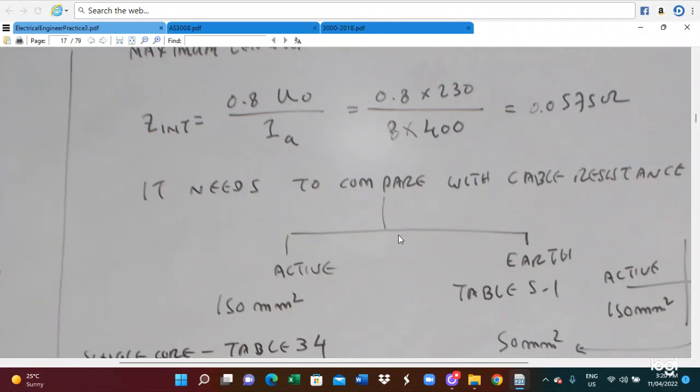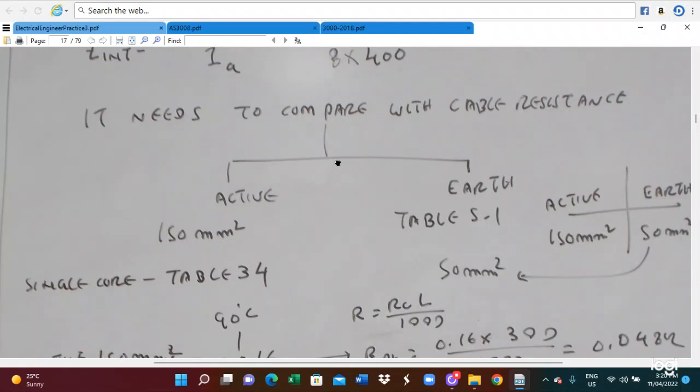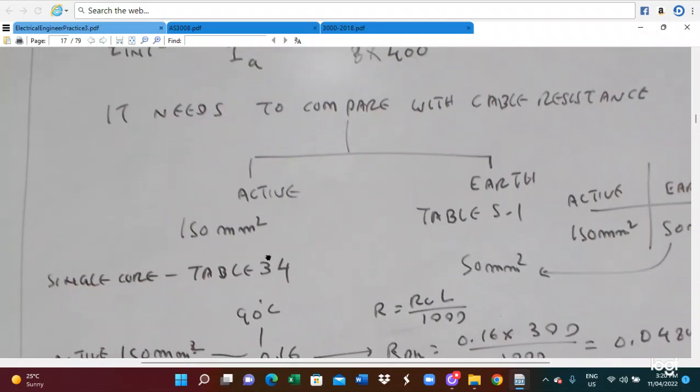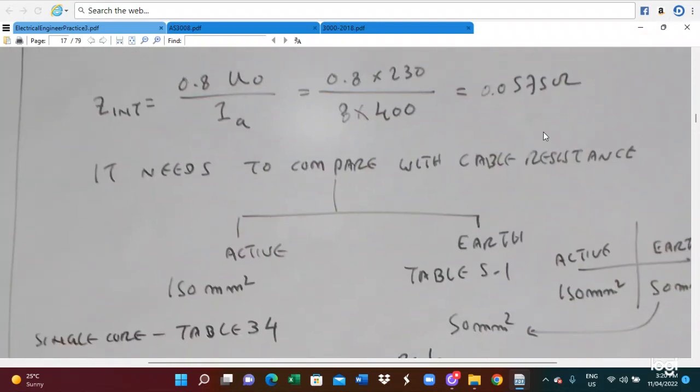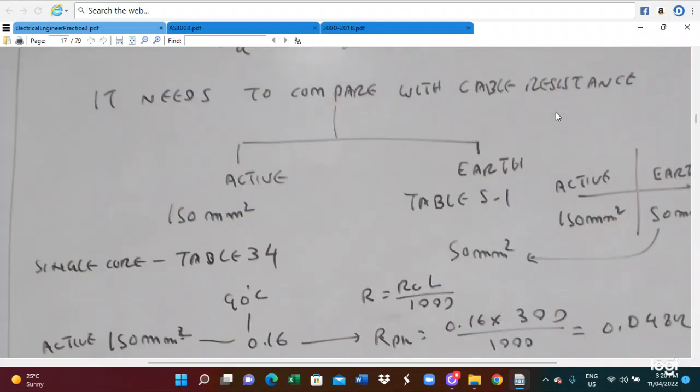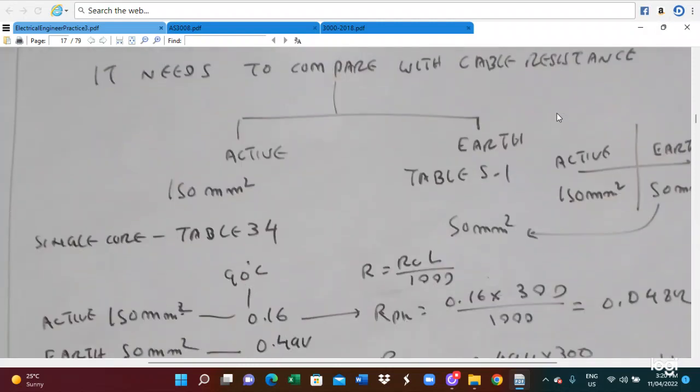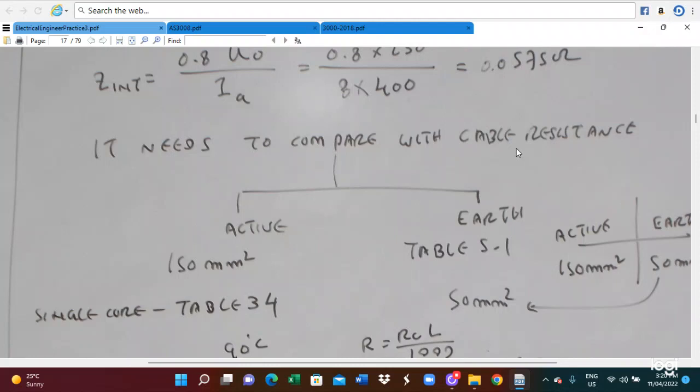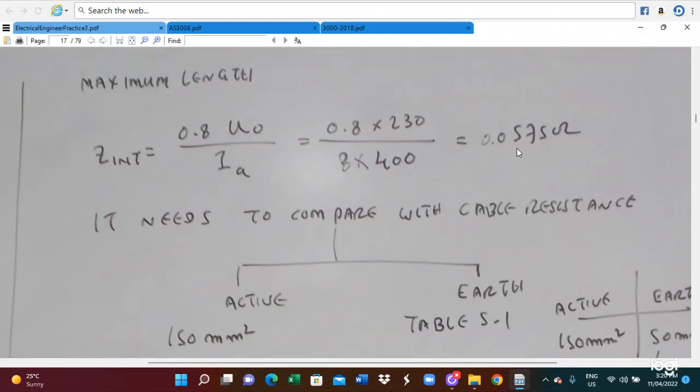0.0575. So you need to compare with the K-value of the system. So in this case, ZINT is 0.0575. So we have to find out the K-value of the system, whether it complies with the circuit breaker ES3000 or not, whether the upper circuit is protected or not. So ZINT is 0.8 U0 by IA, that formula.